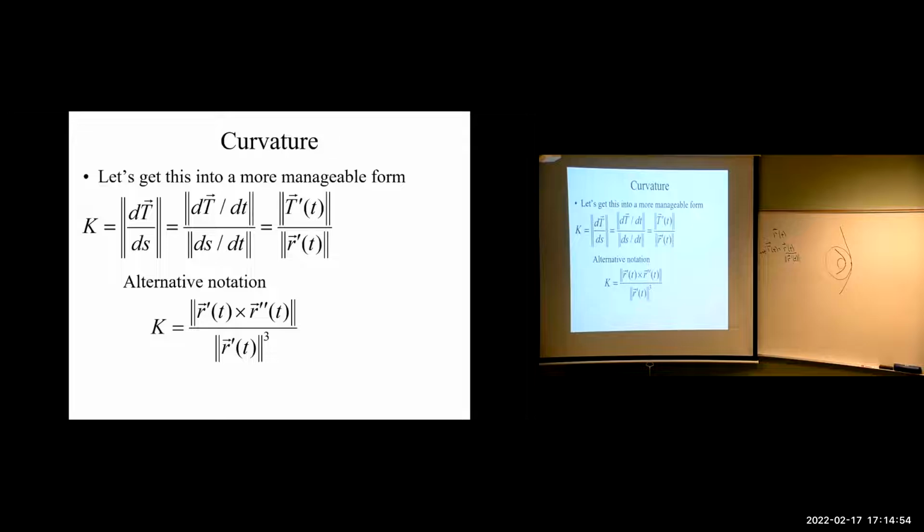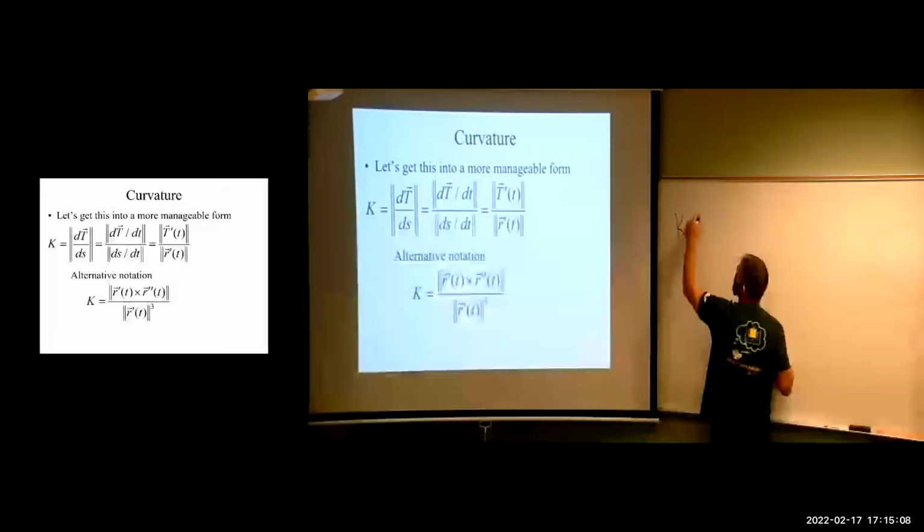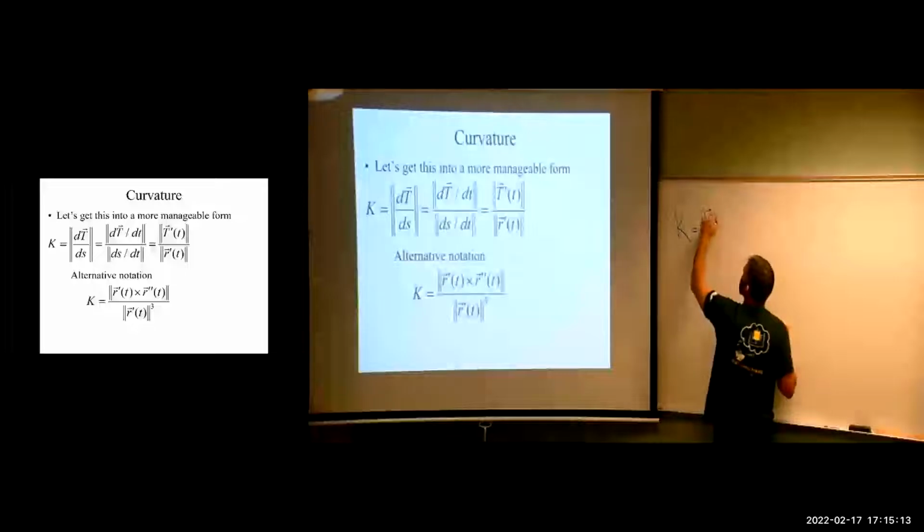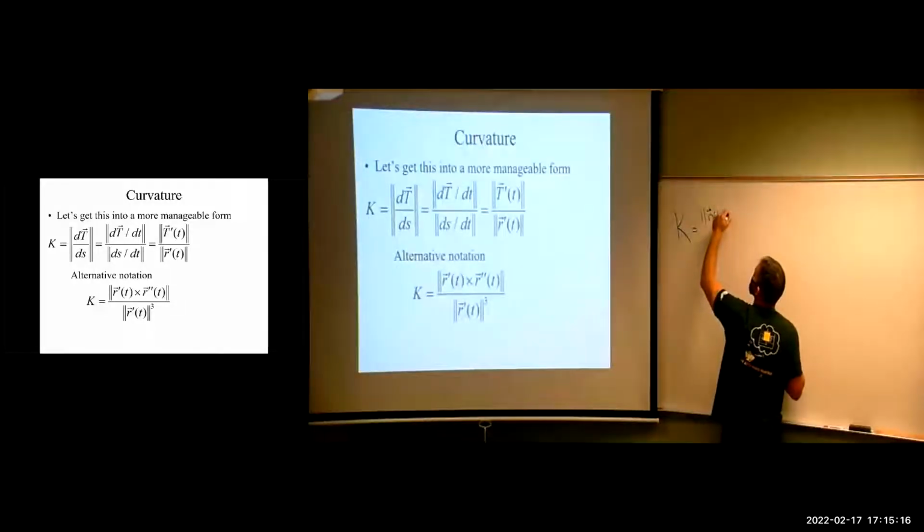Now we're going to take that second formula and leverage a bit of technology. We're going to do a problem together. K equals the magnitude of r prime of t crossed with r double prime of t, all over the magnitude of r prime of t cubed.